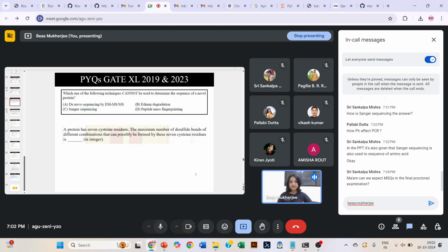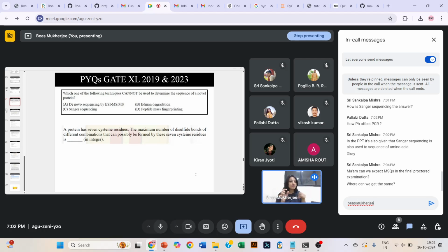As far as I know, if there is any MSQ, they are going to ask you at the end of the options that A, only B, both A, B and C, that way it will come. If it is an MSQ, it will be written there, tick all possible combinations, and it will be given that way. Both A, B and C, all of the above, that way it might come. Okay.